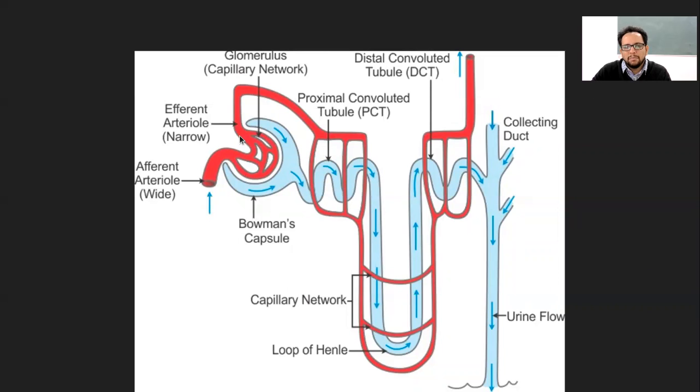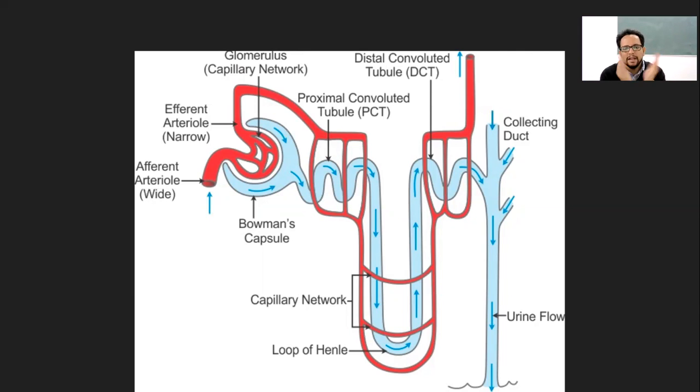So this network of capillaries is the glomerulus, and this C-shaped capsule-like structure is called Bowman's capsule. Now again, it is shown in two dimensions. Imagine a cup-like structure which is three-dimensional, surrounding all the sides of these blood vessels.